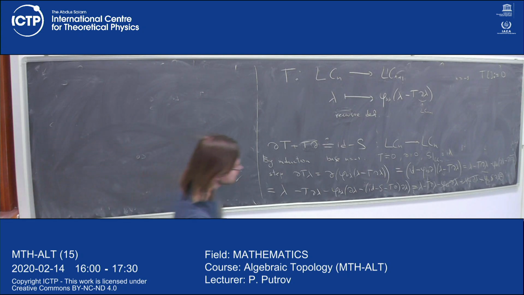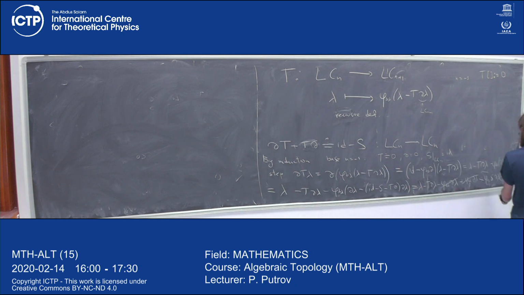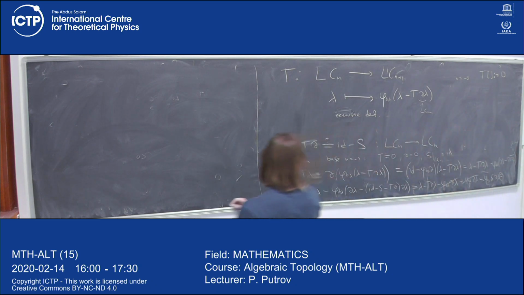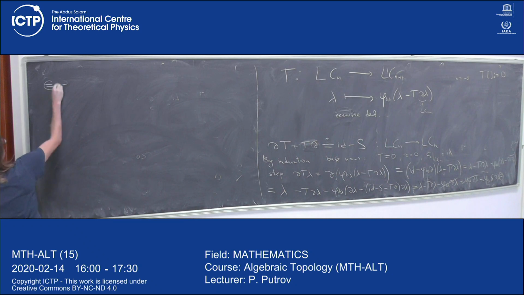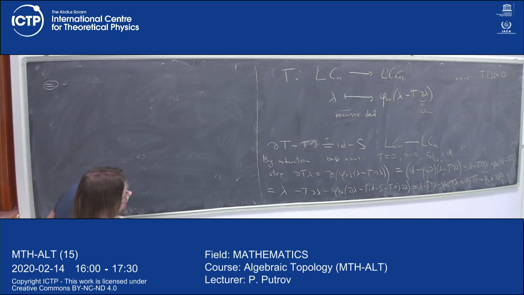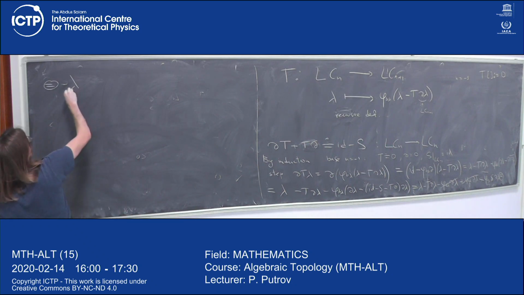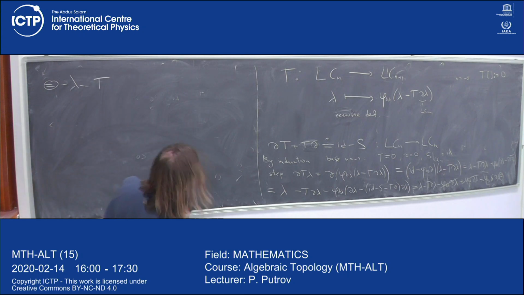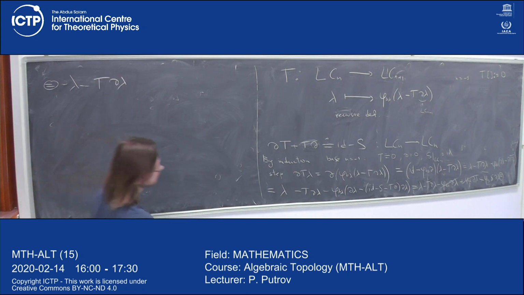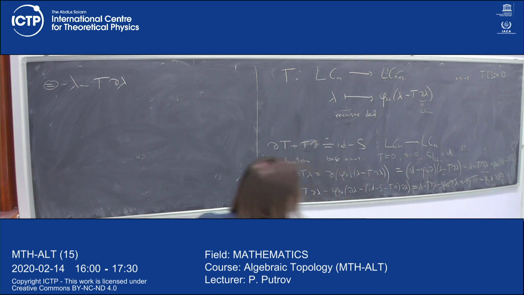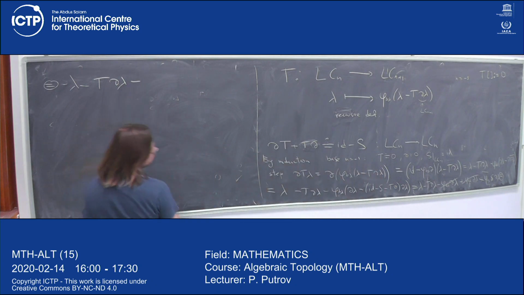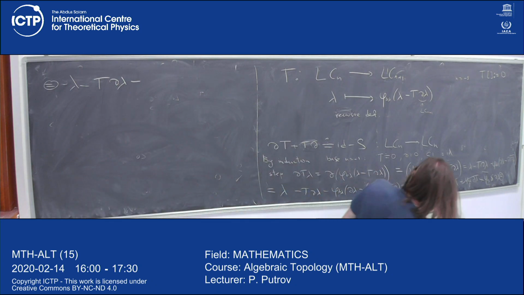So in the last term I use the fact that we know S can be commuted with D. So continue: lambda minus T lambda minus.